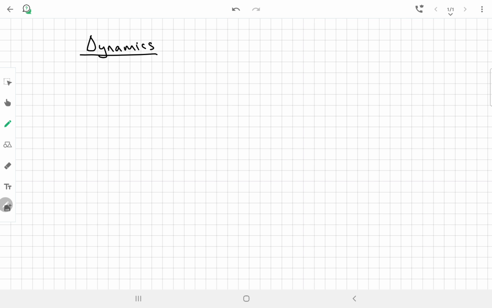We have three laws: Newton's first law, second law, third law. The main part that we will be working with in this course is basically Newton's second law. When you hear dynamics, when someone says Newton's law, this is related to Newton's second law.